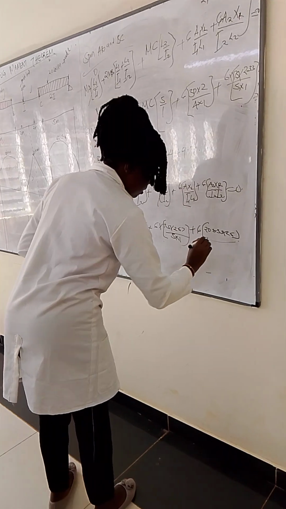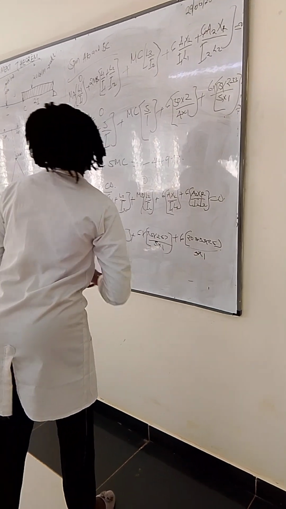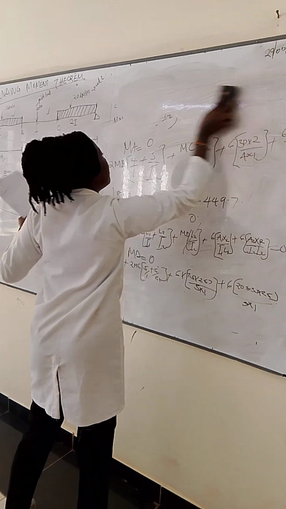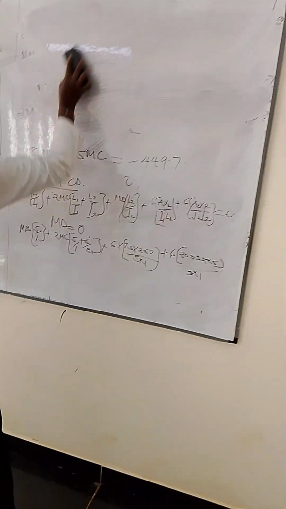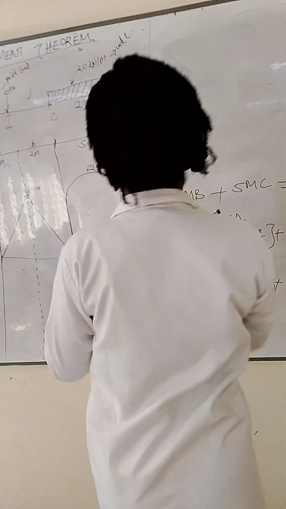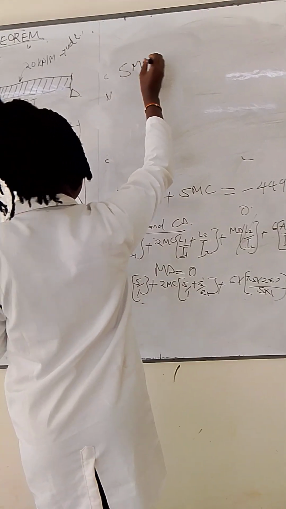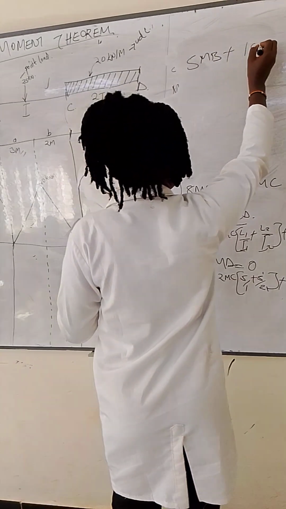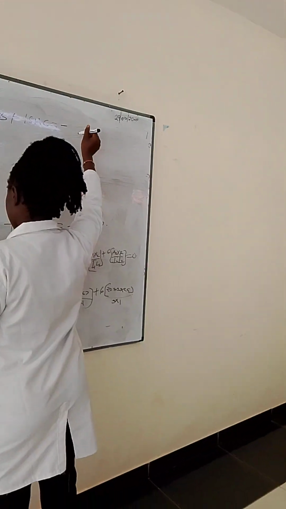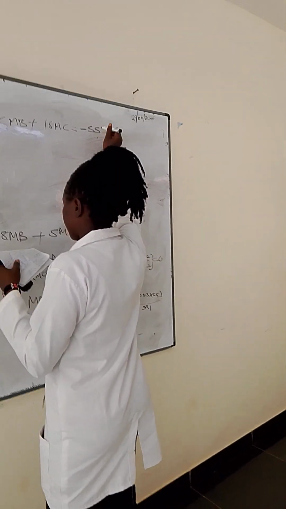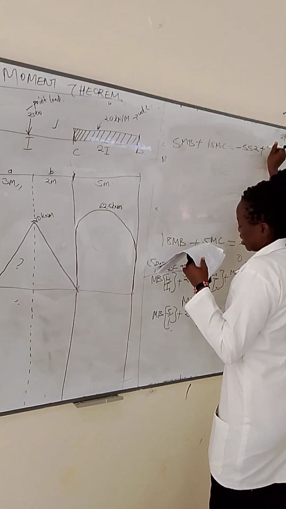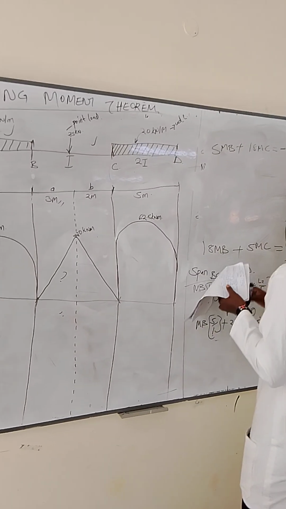So if you work out all these, we'll come up with an equation, and our equation will be 5MB plus 18MC is equal to negative 552.49.